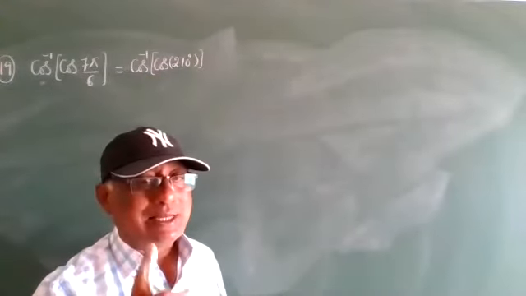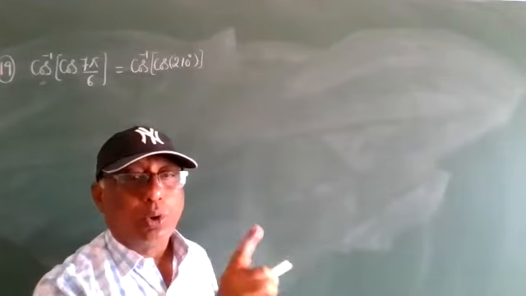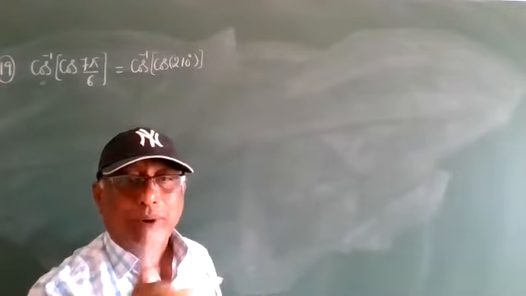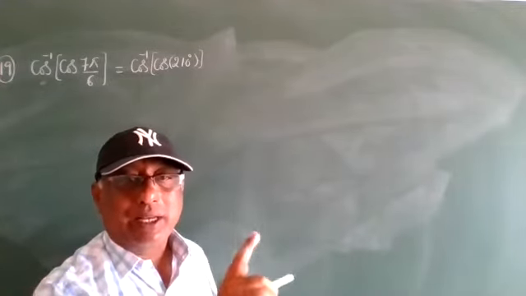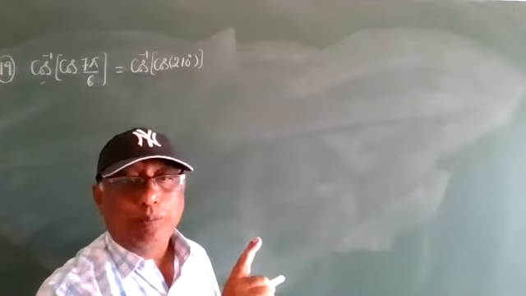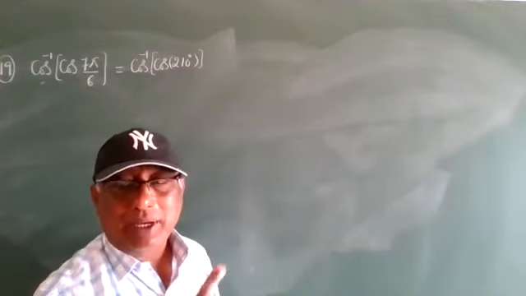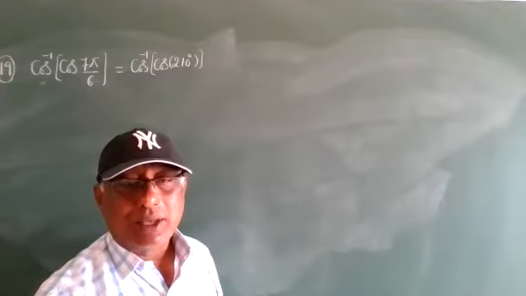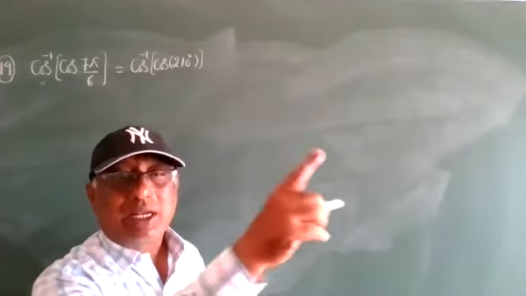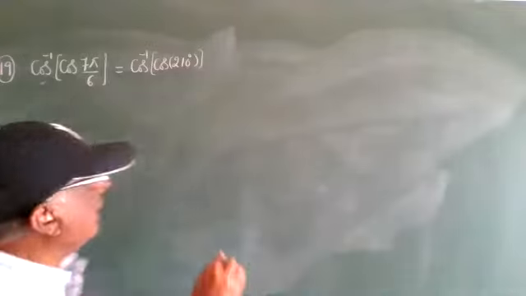So the inverse is not defined. Why? The range of cos is 0 to pi. In 0 to pi, no value is repeated in cos. Therefore, it is a bijective function and it has an inverse.